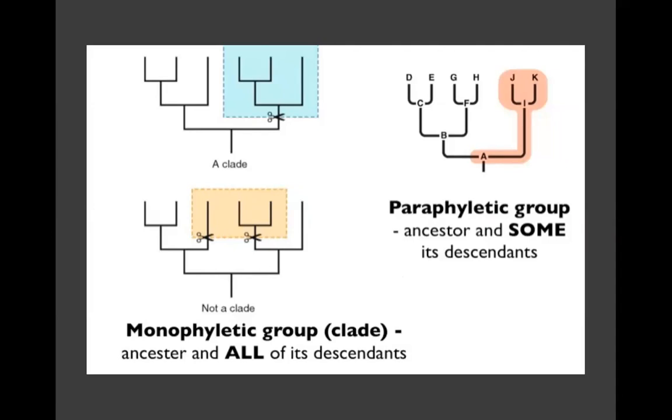So that's not forming a monophyletic group because you have to do 2 snips, okay? Now, a paraphyletic group is when you have the common ancestor, but not all of its descendants. So this is also not a monophyletic group because it leaves out all of these descendants of this common ancestor, for example.